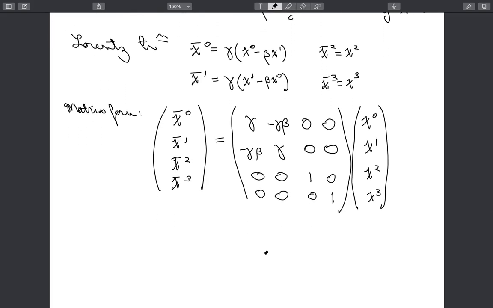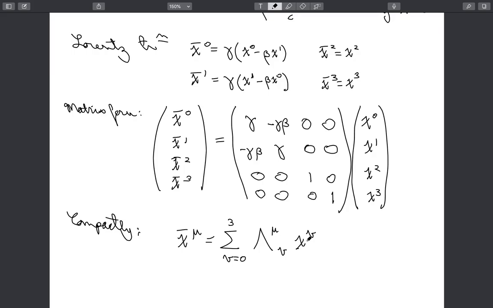convenient because we will rewrite this compactly as the following thing. So we will have the barred coordinate with a certain index mu taking values between 0 and 3. This is going to be the summation for a subsidiary index nu from 0 to 3 of this transformation matrix that we will write as big lambda mu nu with x nu.